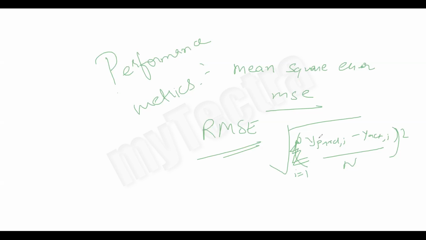And what is this? Root mean square error. The n will not be in the square, it will be different. You are taking the square error, the mean of the square error. So that square is only for this y_pred minus y_act. It's not for n.